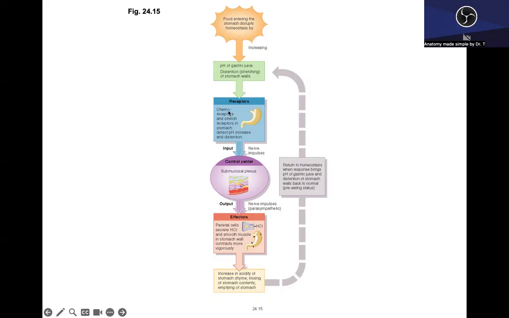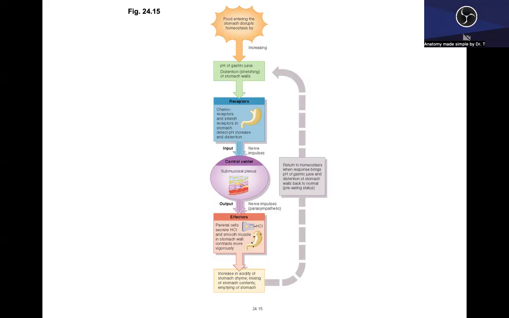And as we know, chemoreceptors and stretch receptors will detect the change and will send a signal to the control center, which, if we're thinking about the cephalic phase, could be stimulation through the vagus nerve.